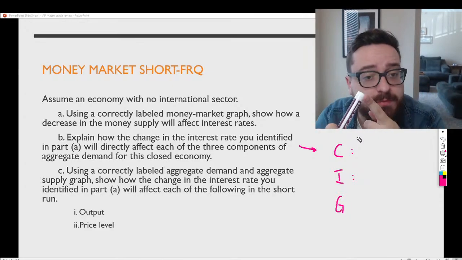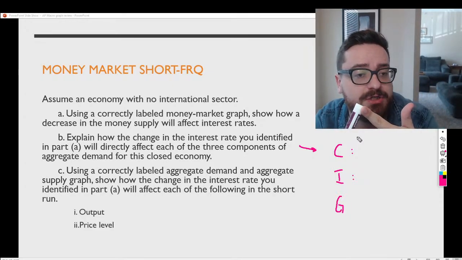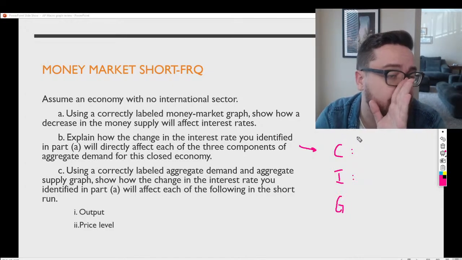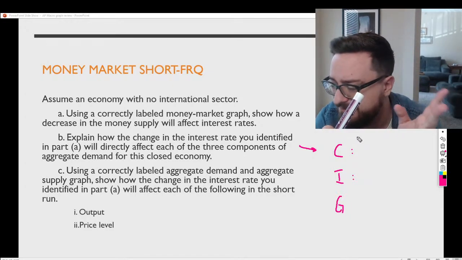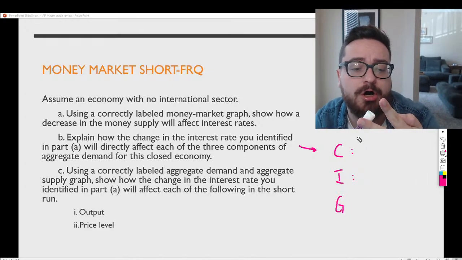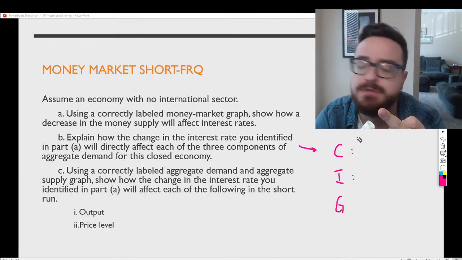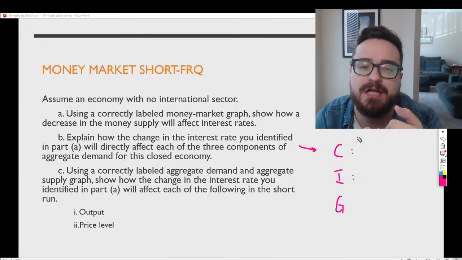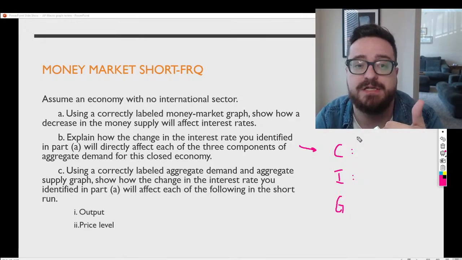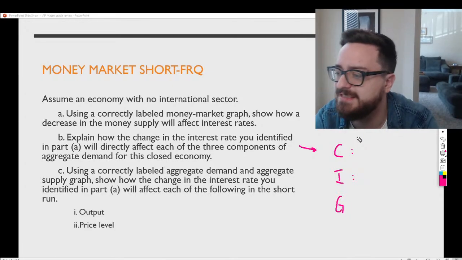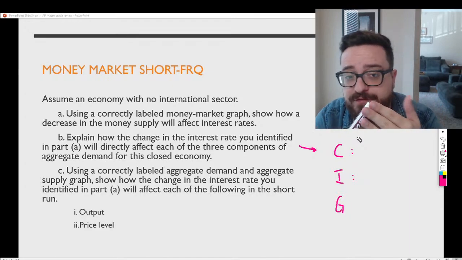So consumers cannot borrow and spend as much on things like homes and cars, even though those are technically counted as investment spending. They would have been fine here. Businesses cannot borrow and spend as much on things like capital or factories and stuff like that. And the government cannot borrow and spend as much because it costs them significantly more to borrow. So I would say all three of those would decrease.